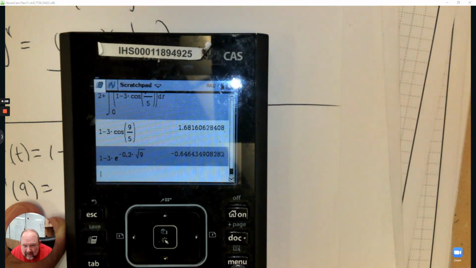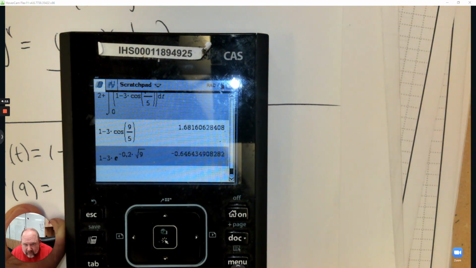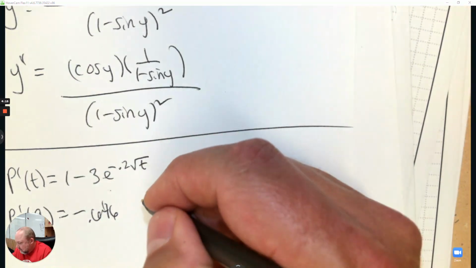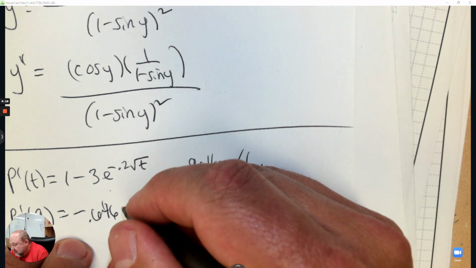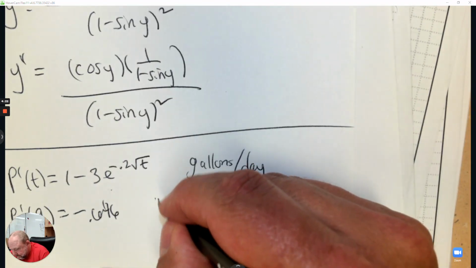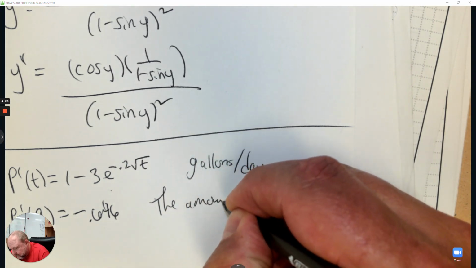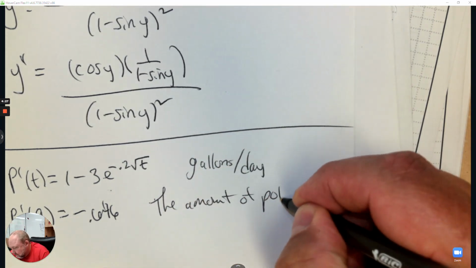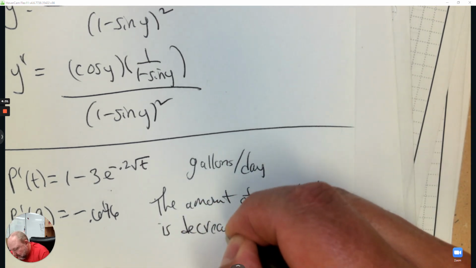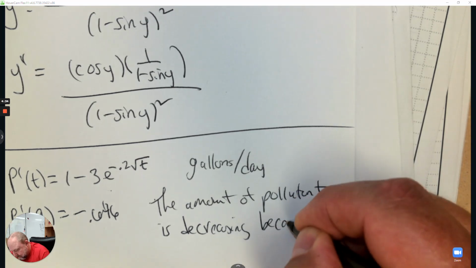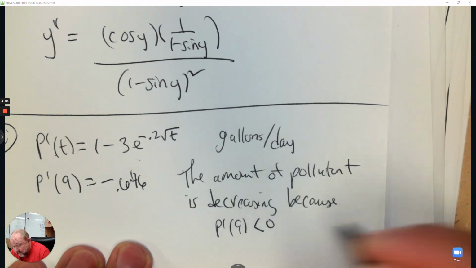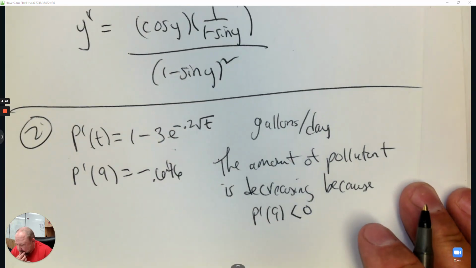And I get negative 0.646. So the question is, is it increasing or not? So the answer is it's decreasing, because the derivative at 9 is less than 0, or it's negative. That's A.